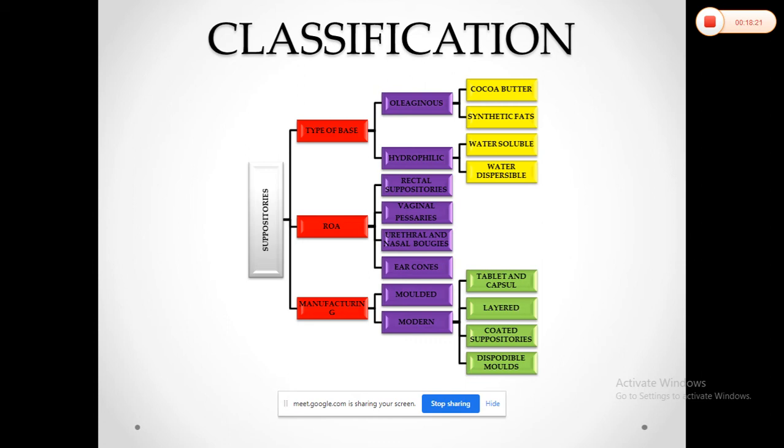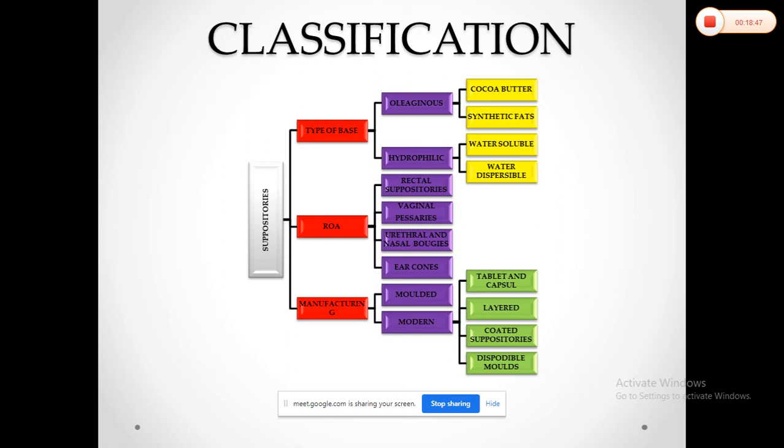These emulsifying bases we call synthetic bases, mostly Witepsol or Massupol, which have a melting point in the same range as our body temperature. We will see the bases in detail in the next lectures, where we'll cover all the types of bases.